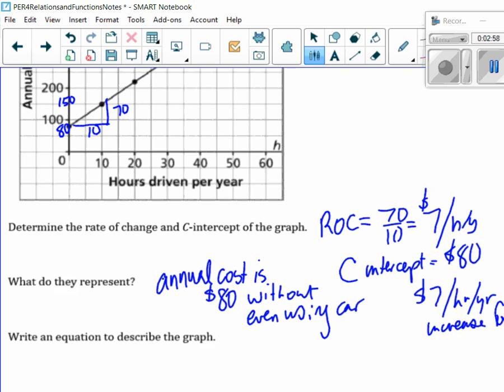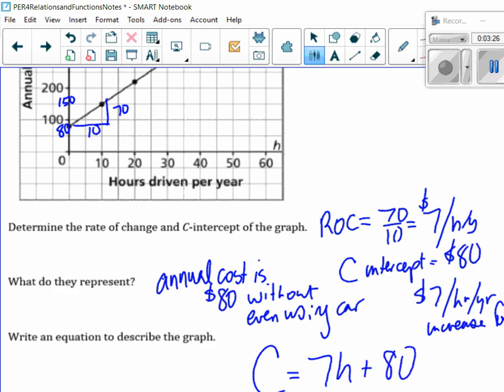So we got to use C's and H's for our equation. So remember how we put this together now? How do we put it together? We use the rate of change and our y-intercept, and we put it together. So C would equal 7H plus 80.